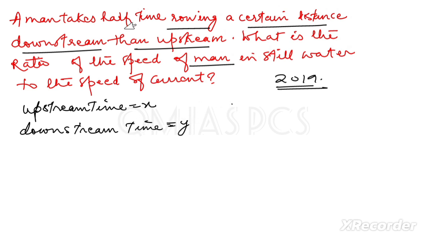Now we can use the hint that the downstream time is half of the upstream time. So we can say y by x is equal to 1 by 2.